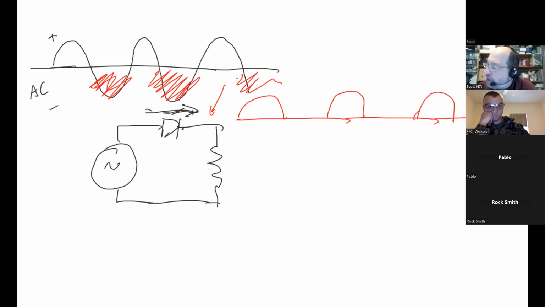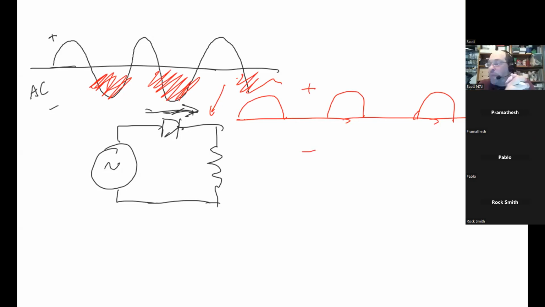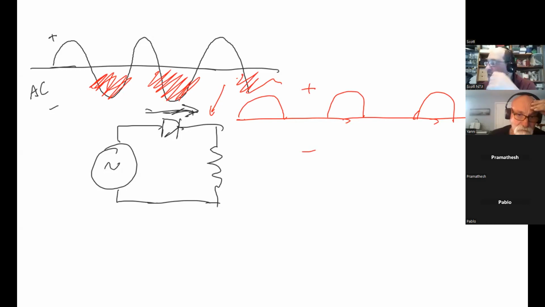Well, if it is plus, does it ever go minus? It goes to zero, but does it ever go to the minus? No. If something only goes in one way, what do we call that? Directional. If voltage only goes in one direction, what do we call it? DC. What have we just done? We've converted AC to DC. This is known as a rectifier.